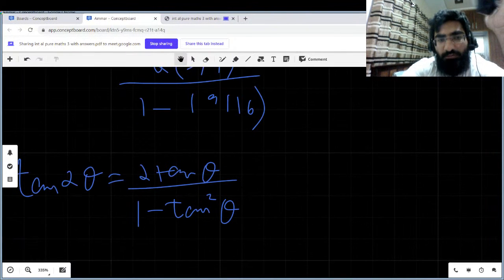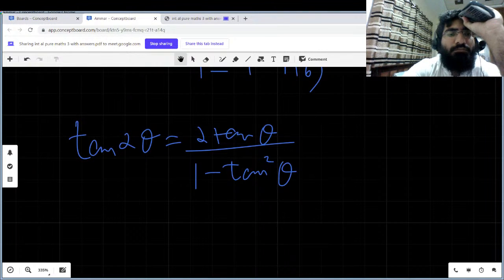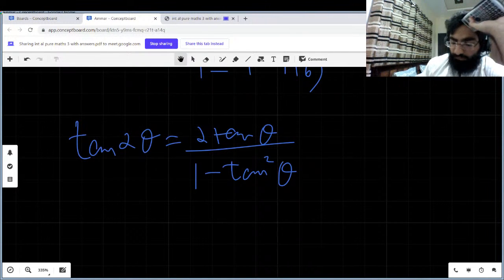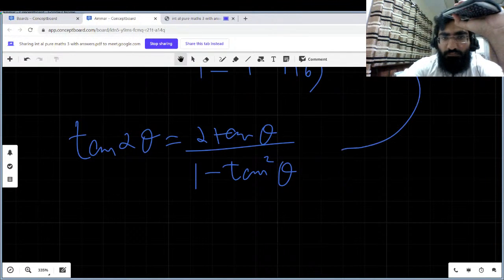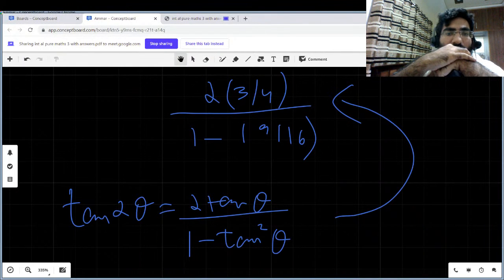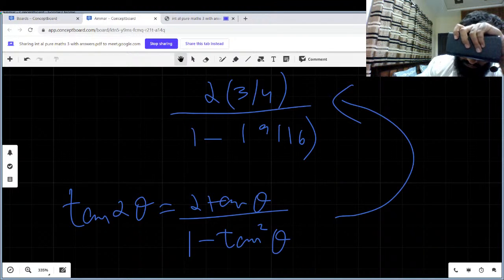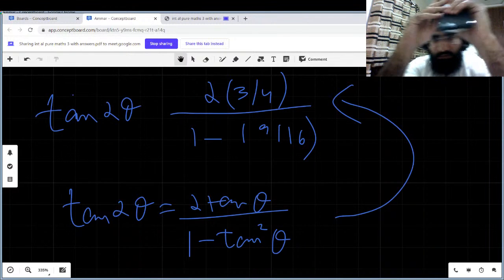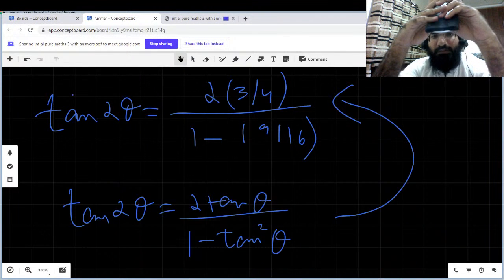The formula of tan 2 theta. And tan theta is 3/4. Okay, and then you solve this fraction and you get 24/7.